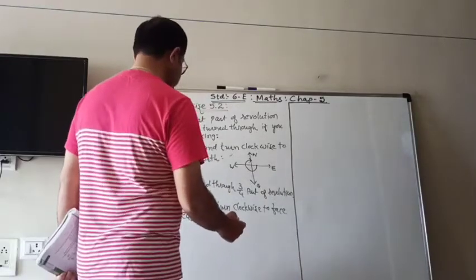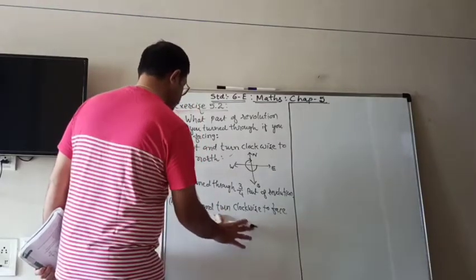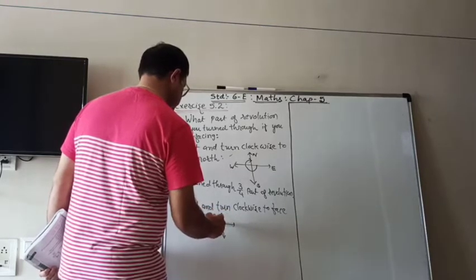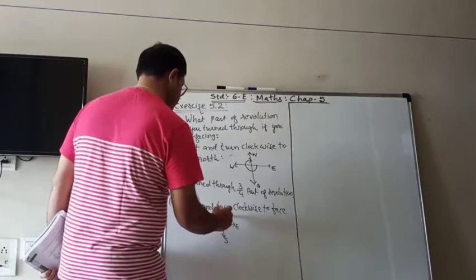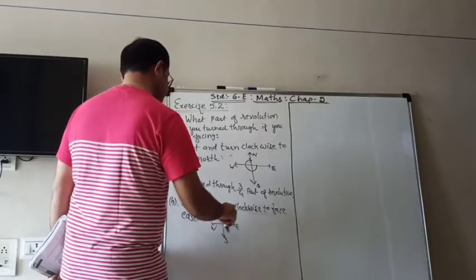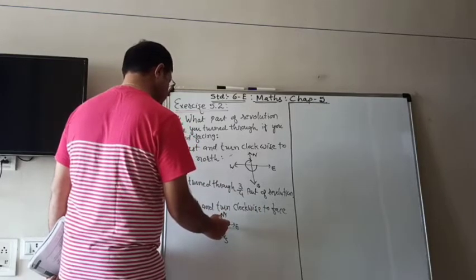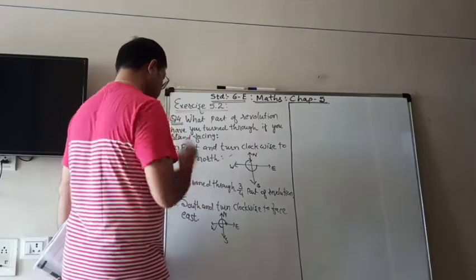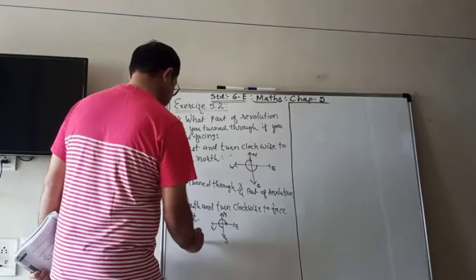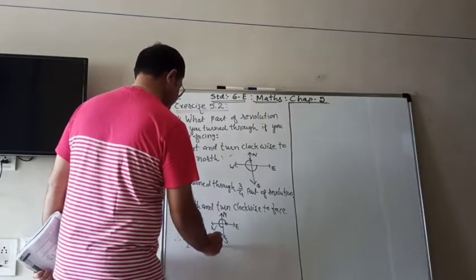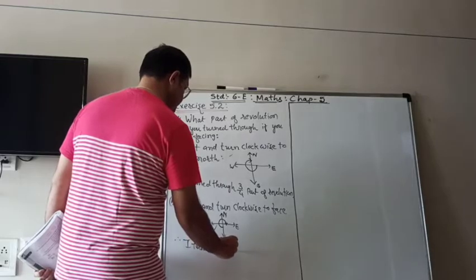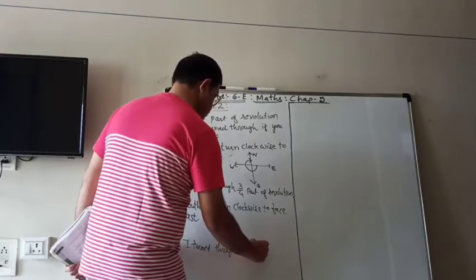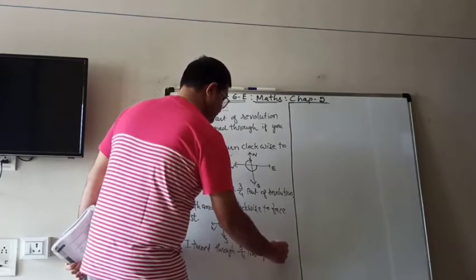So now, standing facing south, turn clockwise from south and then again to east. Same thing. Therefore, I turned through 3/4 part of a revolution.